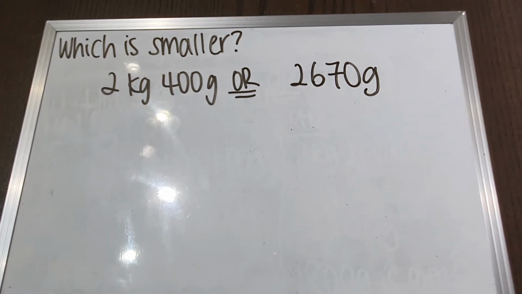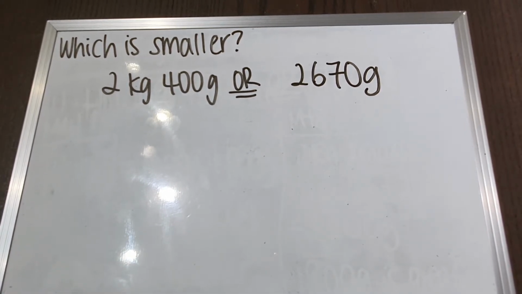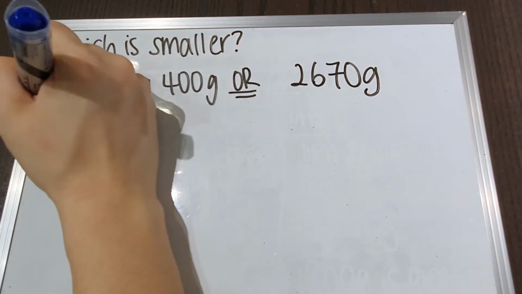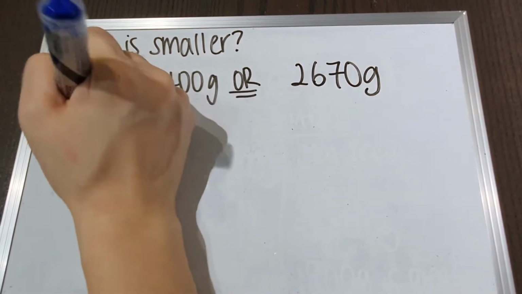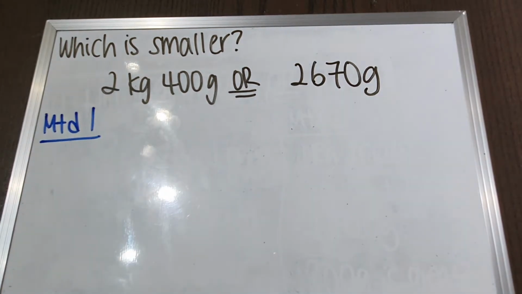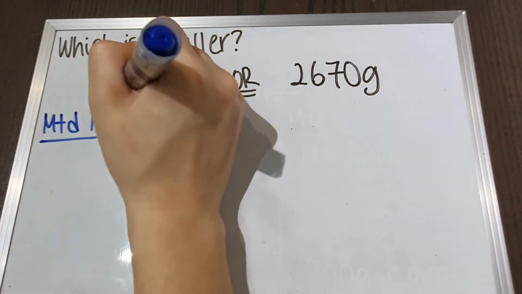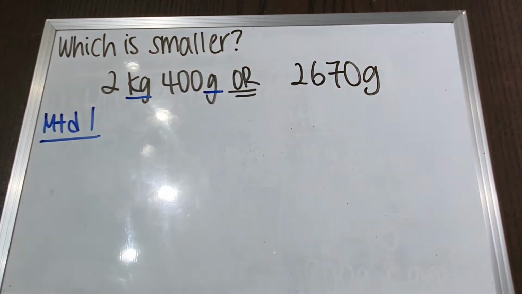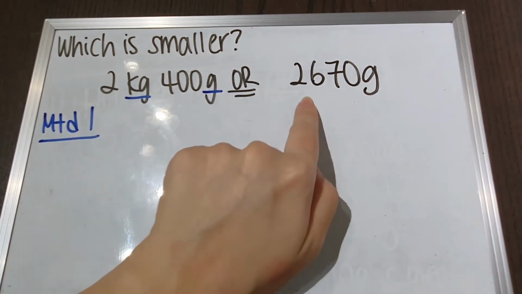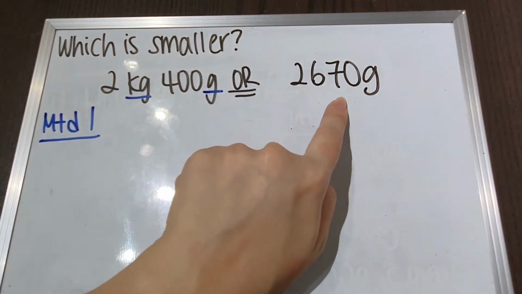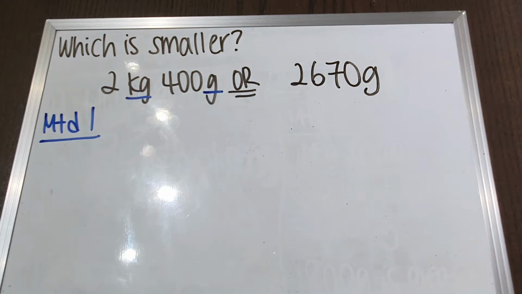Hopefully you did stop the video and try to solve this question by yourself. So if you chose method 1, whereby you want to make sure that your unit of measurement here is kg and grams, which means you're going to change 2,670 grams into kilograms and grams.